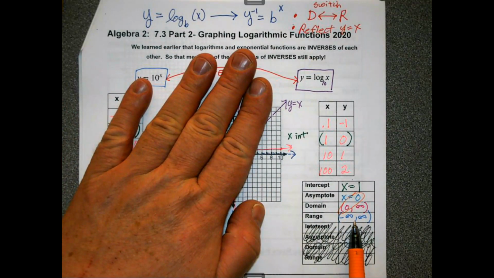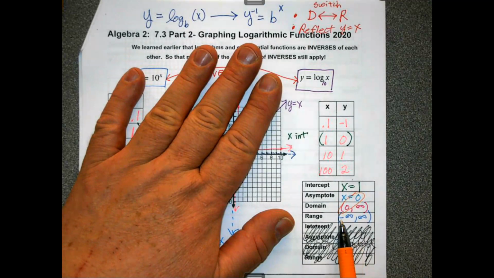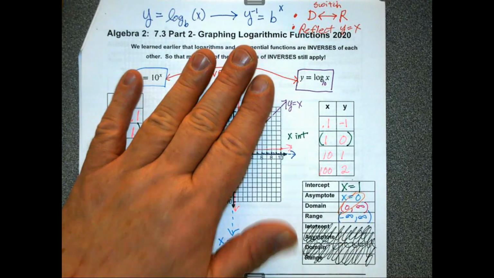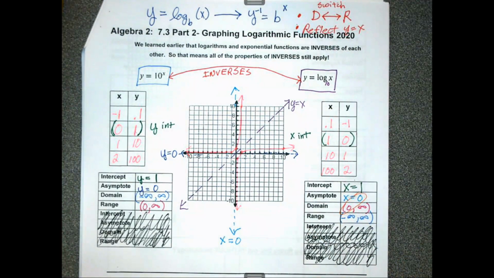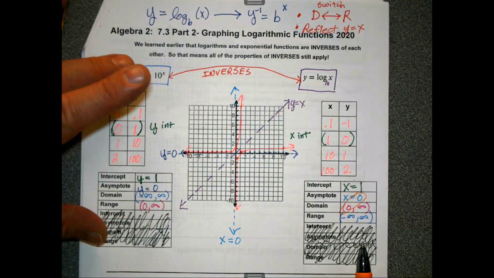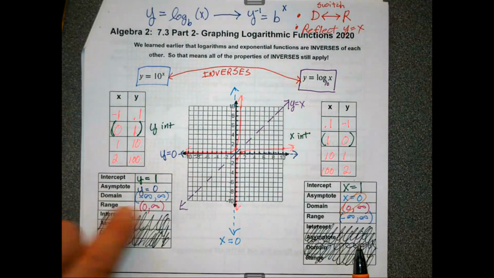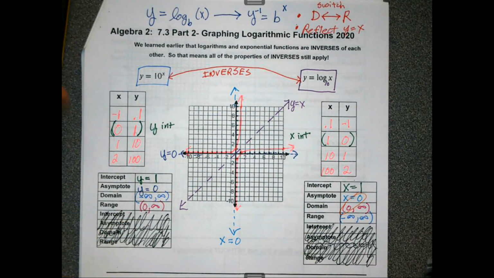And the range for logarithmic functions is negative infinity, positive infinity. And that's just for the log. For the exponential form, the domain's always negative infinity, positive infinity.